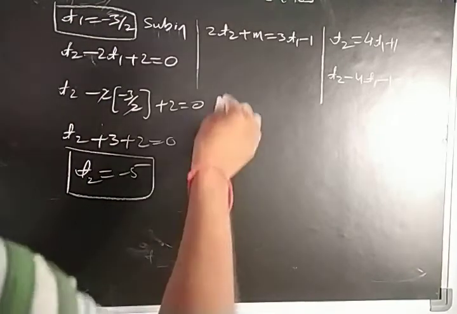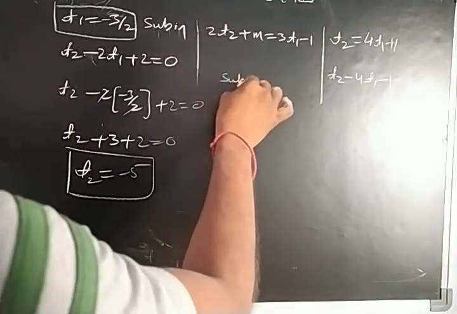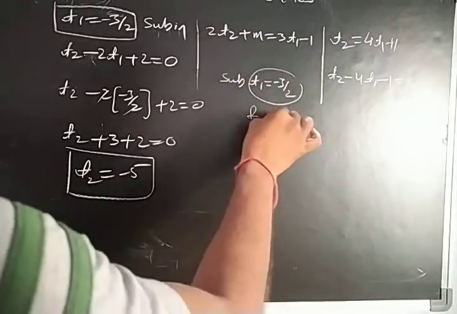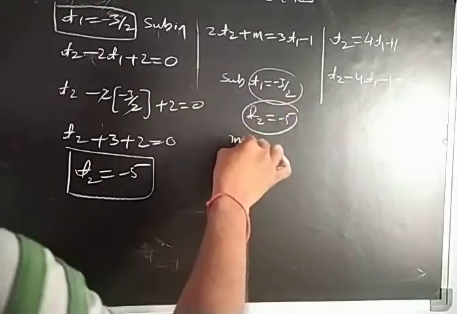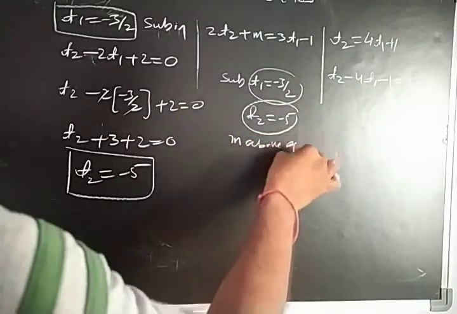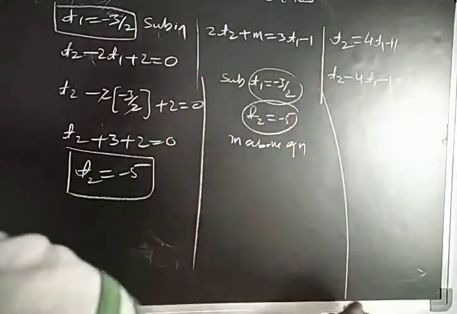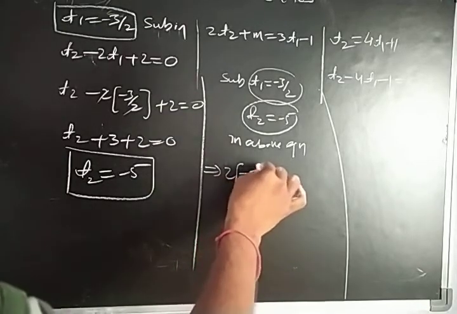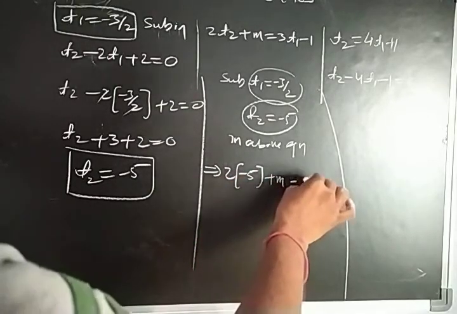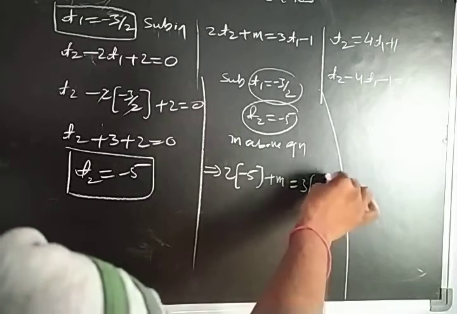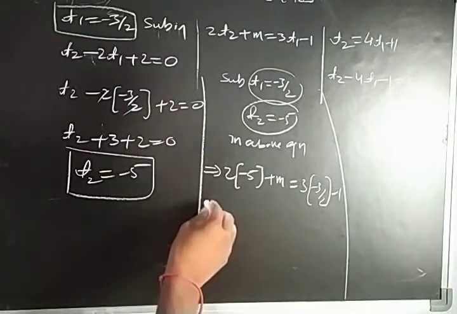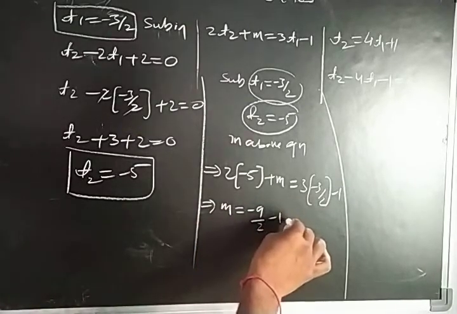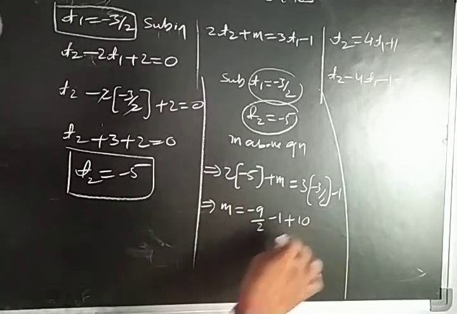Substitute T1 equal to minus 3 by 2 and T2 equal to minus 5 in the second equation. 2 into minus 5 plus m is equal to 3 into minus 3 by 2 minus 1. m equal to minus 9 by 2 minus 1, and minus 10 becomes plus 10.